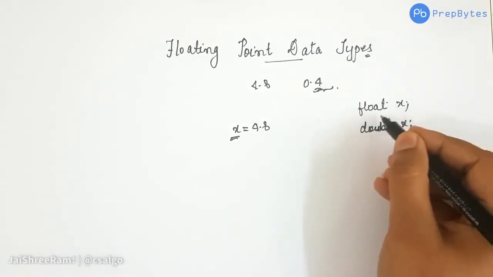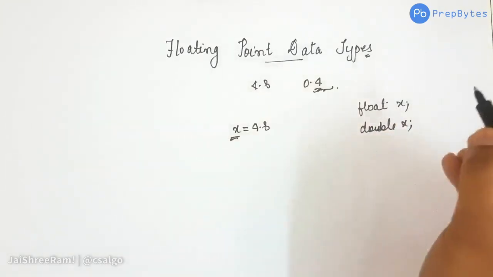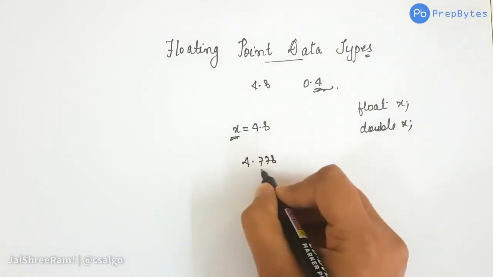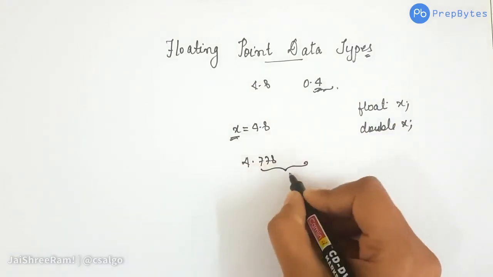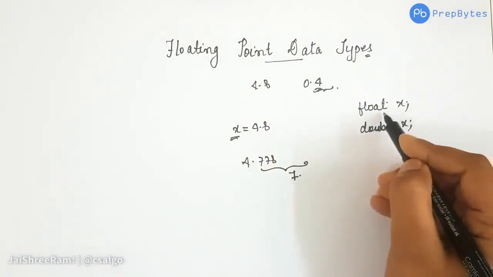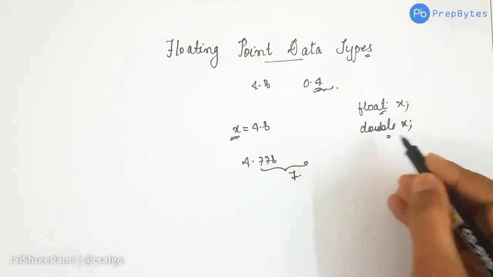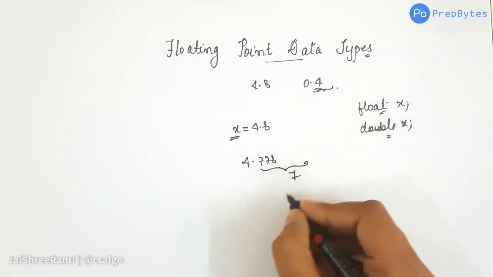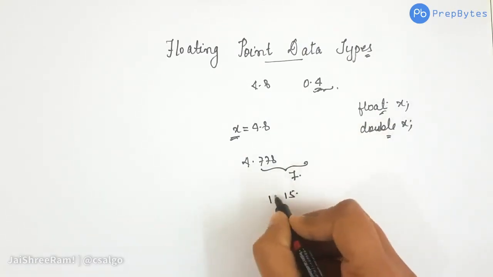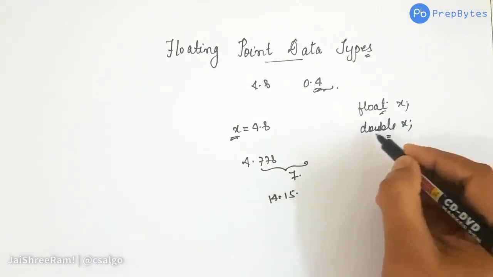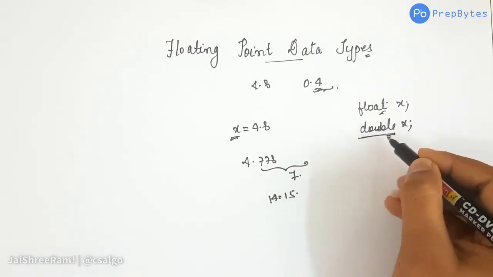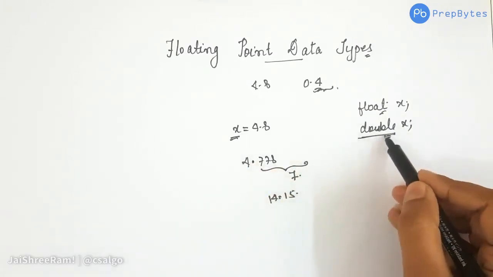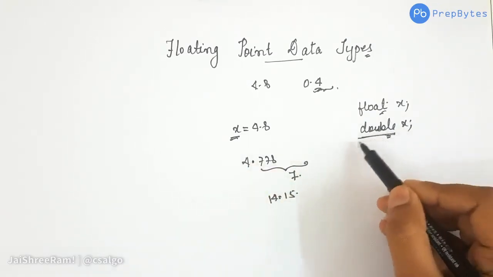So in case of float, if the number is 4.778, the number of digits is 7, then in case of double, the number of digits is going to be double of that, which could be, let's say, 15 or 14. That's why we call it double, because the number of digits after the decimal point is double in case of the double data type than that of float.